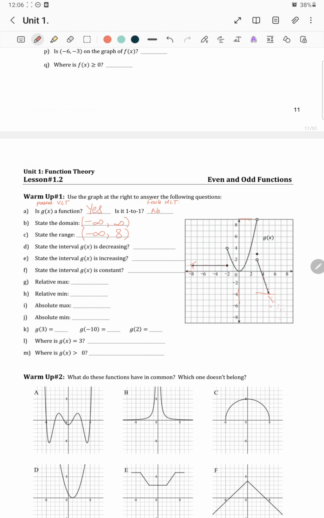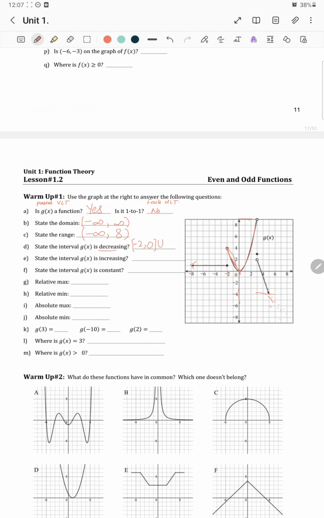State the interval where g of x is decreasing. Decreasing means going downward, so it is decreasing from here to here. It starts decreasing from -2 to 0, so -2 to 0, union.